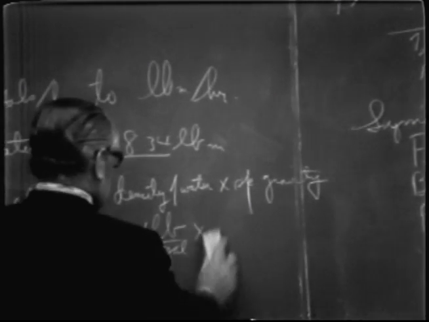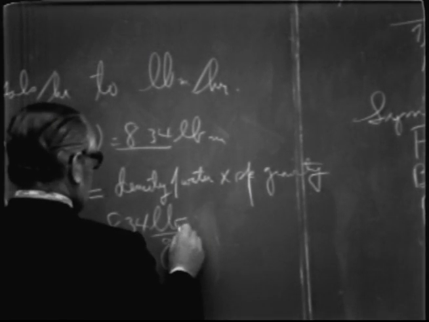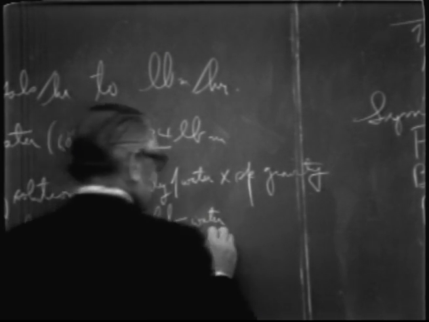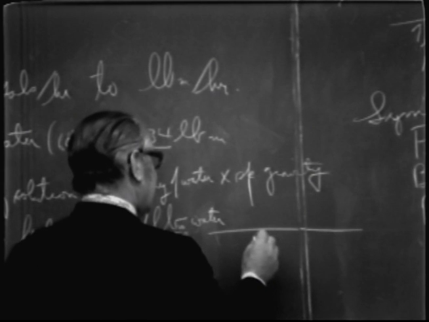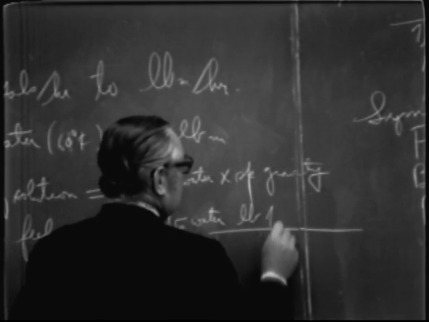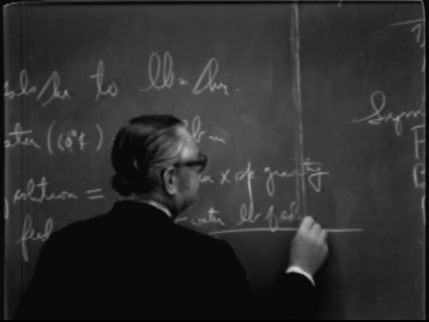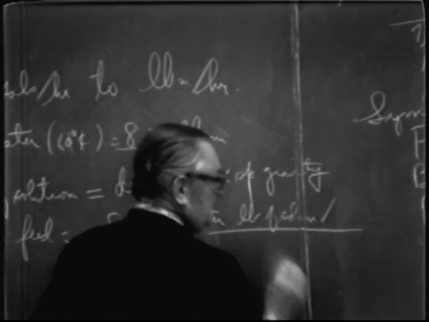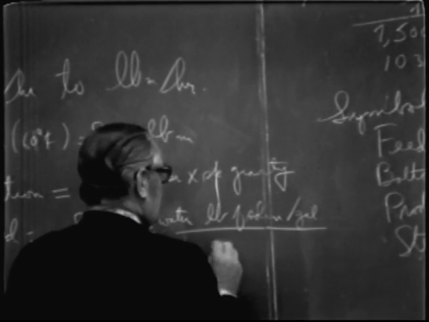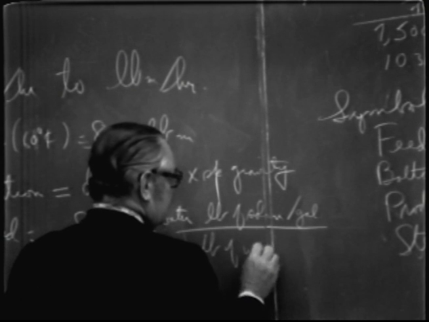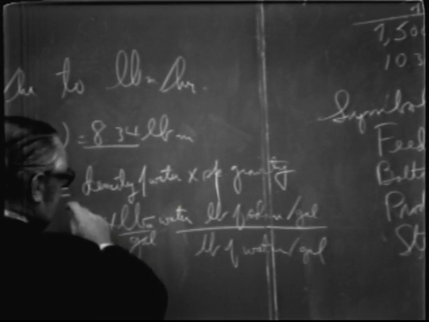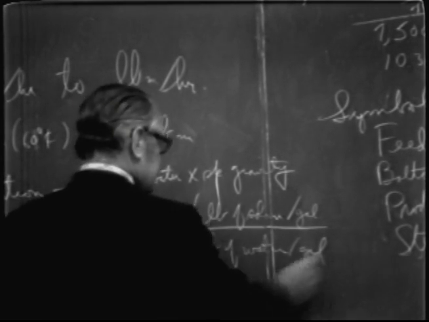I could write this out. This is pounds mass for water times the specific gravity, which is the pounds of solution per unit volume, or per gallon, divided by the pounds of water per gallon, and that's what this is. So that would cancel out. So in other words, this is the specific gravity.